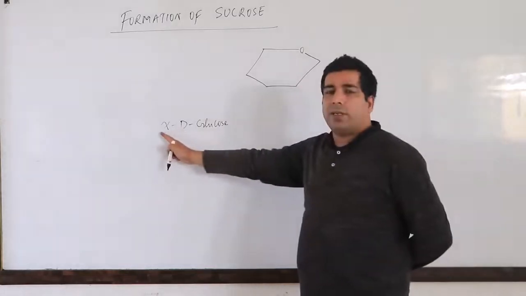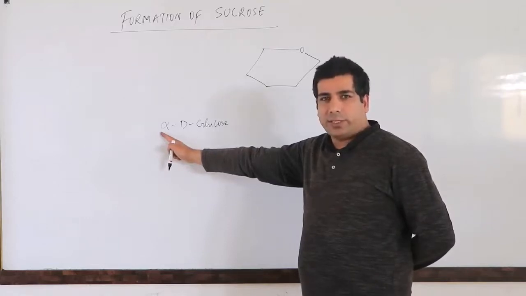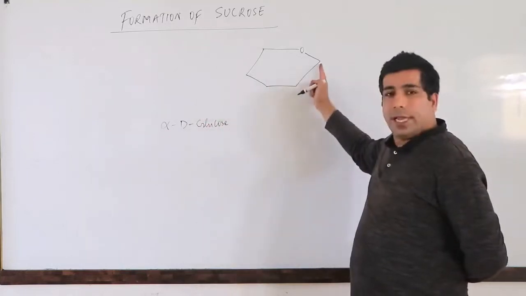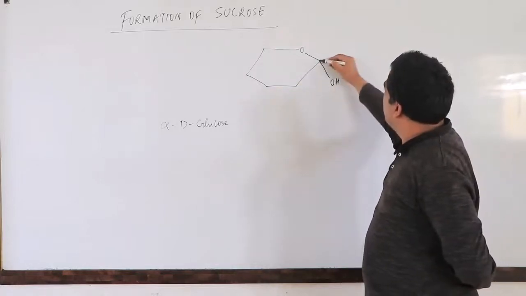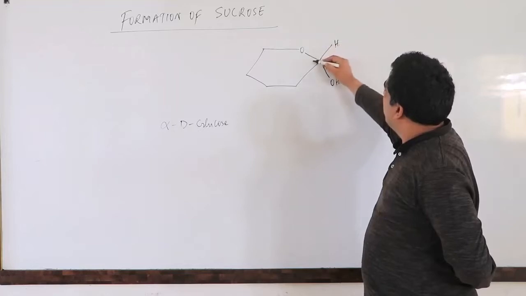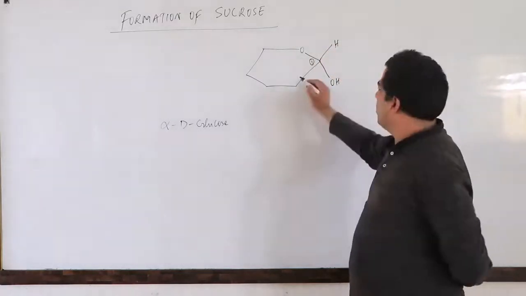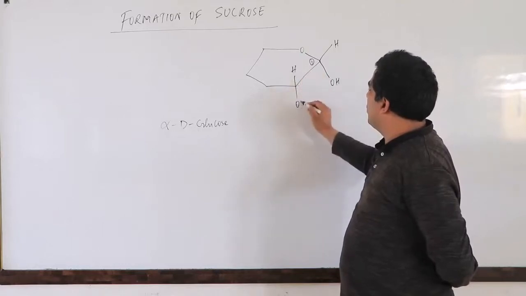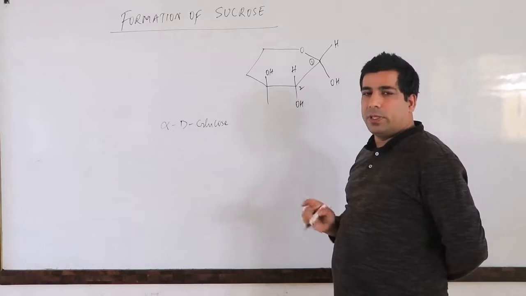Alpha stands for the position of the OH group on the right side, or we can say downwards, or below, at carbon number 1, which is the anomeric carbon. So that means the OH group will be down at the first carbon. The second carbon has H, OH. The third carbon will have the OH group on the left side.